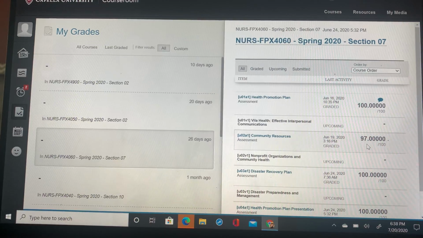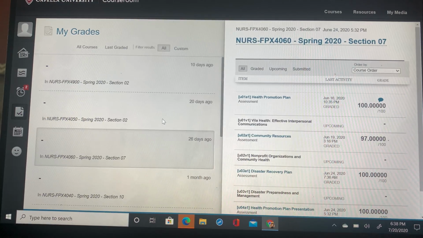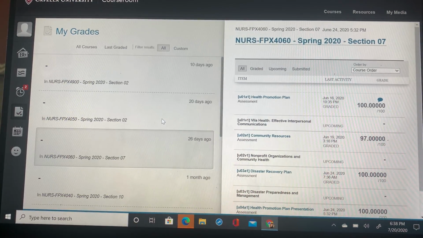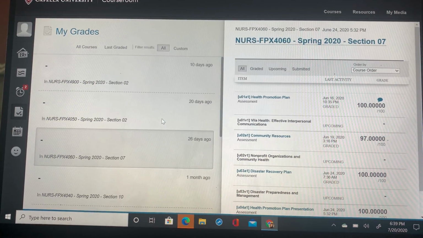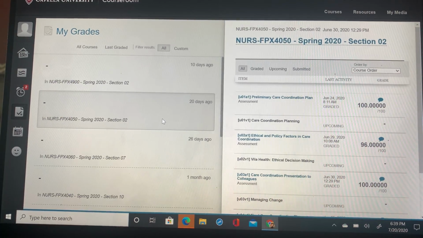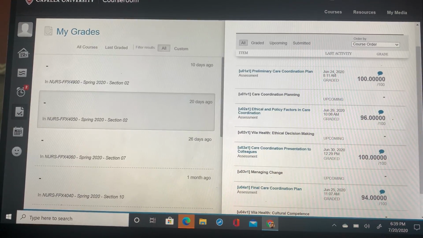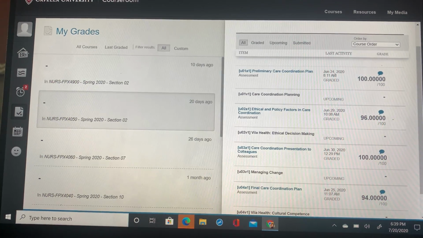So I did that first, and then I took 450, and Very Vanessa's suggestion was that she thought it would help you prepare for 450 and do better in that class. Well, I got two 100s, a 94, and a 96. All A's though.